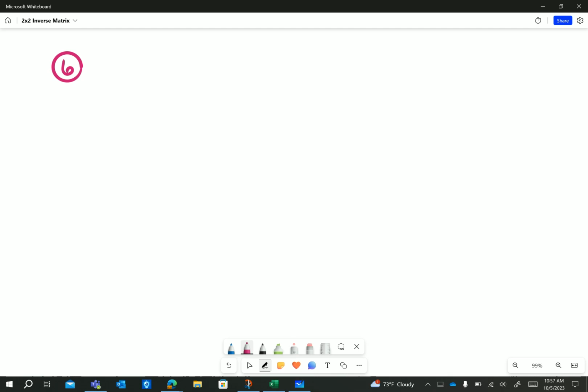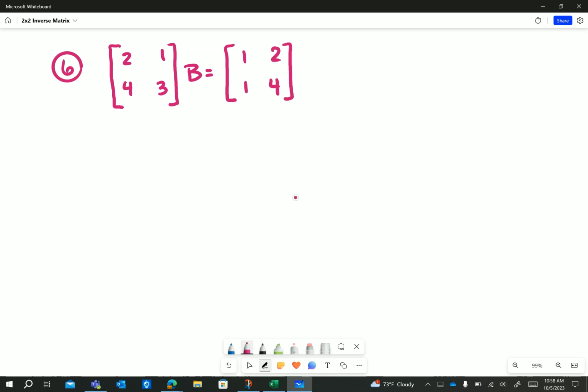Okay, so now that I've read the problem, let's write it out, and then I will explain the intent of this problem. So we have 2, 4, 1, and 3, and you are multiplying it by some matrix B, and it's going to equal 1, 1, 2, 4. So this is kind of a solving of equations type problem.